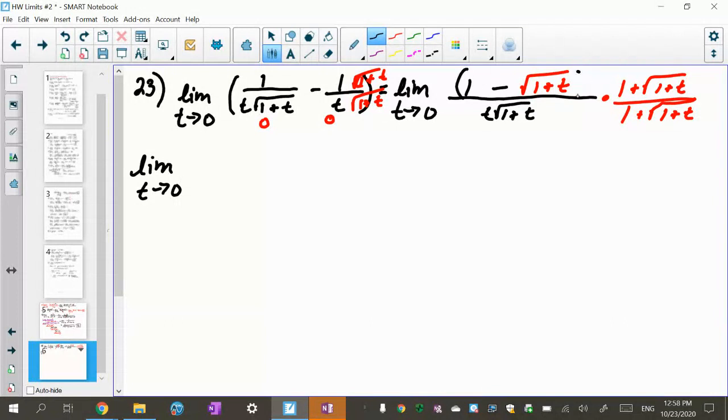Now when I multiply the numerators like this, remember, we picked the conjugate for a reason. I got 1 times 1 is 1 minus, and the key to this, radical 1 plus t times radical 1 plus t is 1 plus t, and don't you dare forget those parentheses. And the denominator, I know it's ugly, but we all can't be beautiful. I'm going to put a nice bracket there, and there we go.